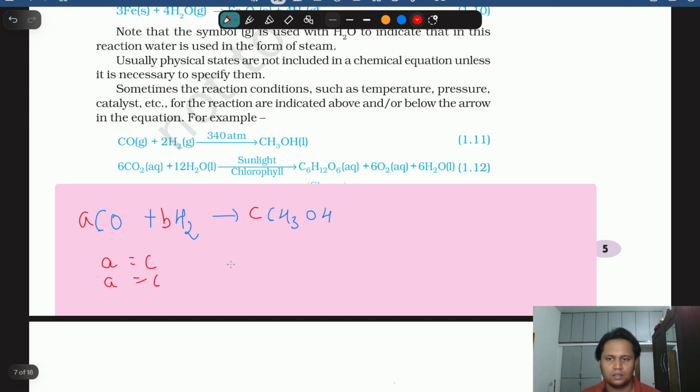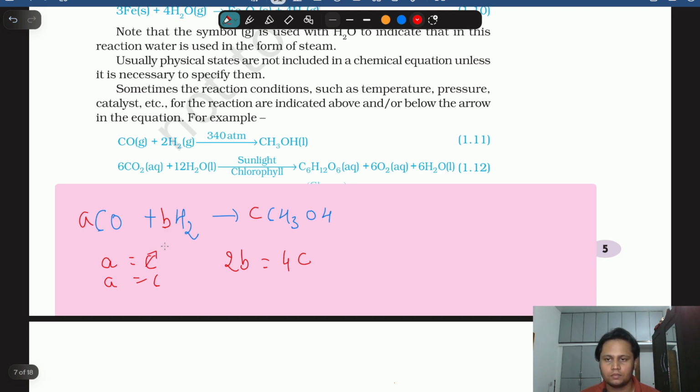It's okay, no problem. How many hydrogen is here? 2, right? 2B, which is equal to, how many hydrogen here? Now just count. Here is 3 hydrogen plus 1, that is 4 hydrogen, that is 4C.